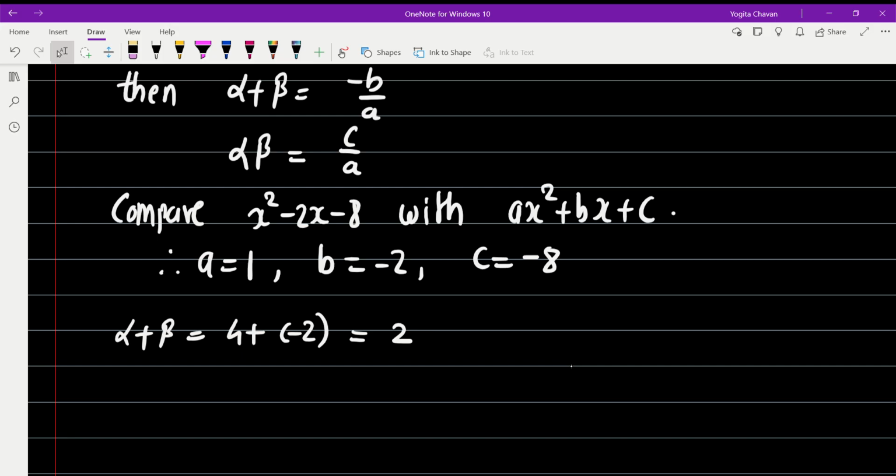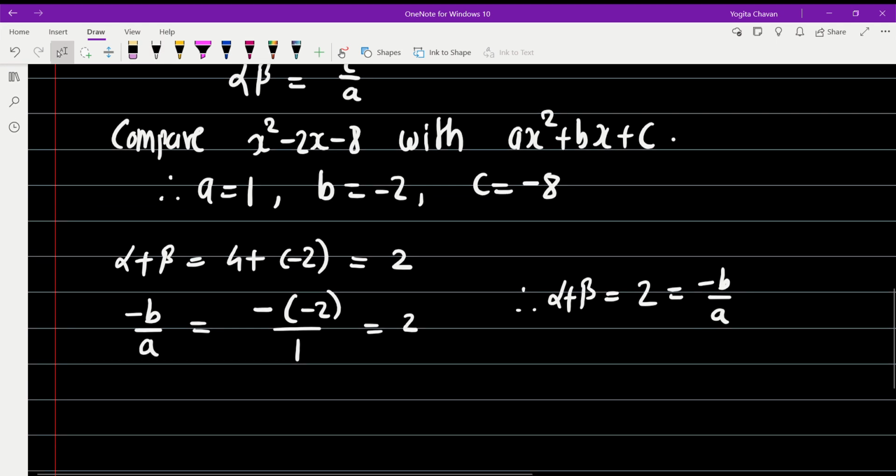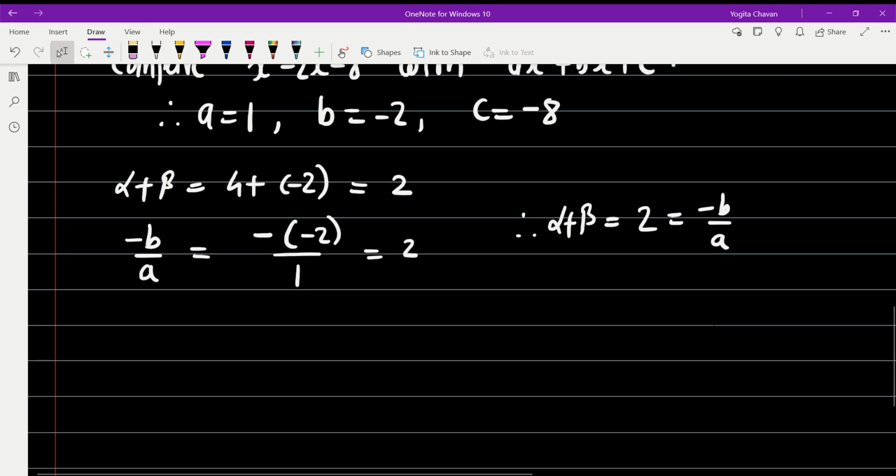And minus b divided by a, value of b is minus 2, so minus of minus 2 divided by a. A means its value is 1. So it is also 2. Therefore alpha plus beta is equal to 2 and is equal to minus b divided by a. So sum of the roots is equal to minus b by a, verified.